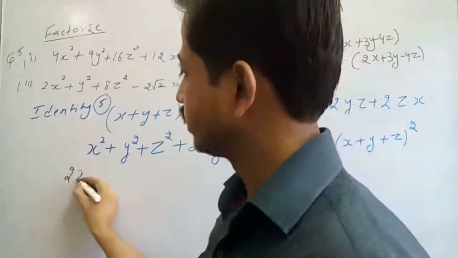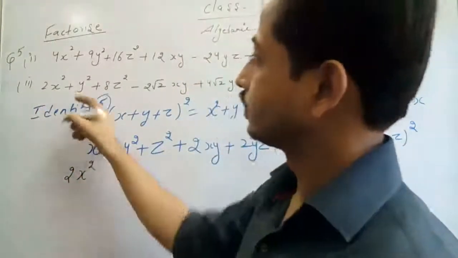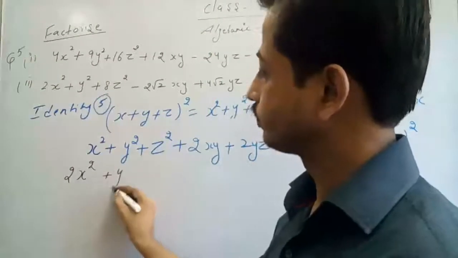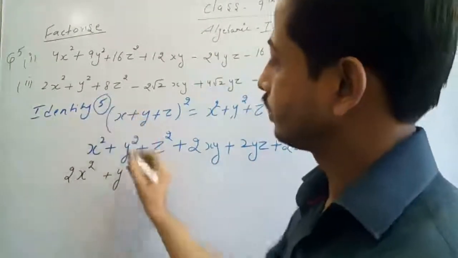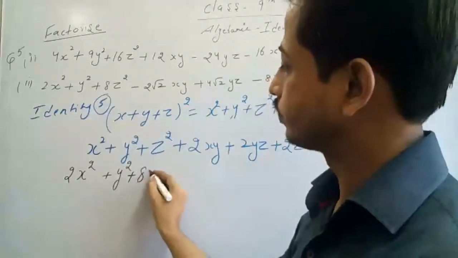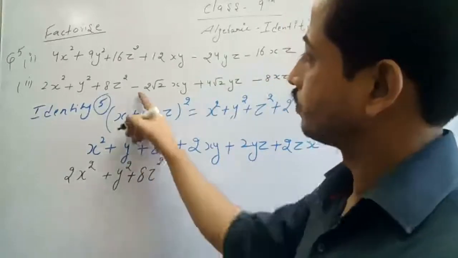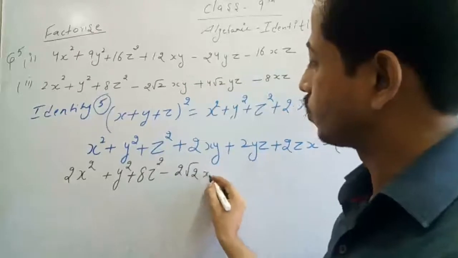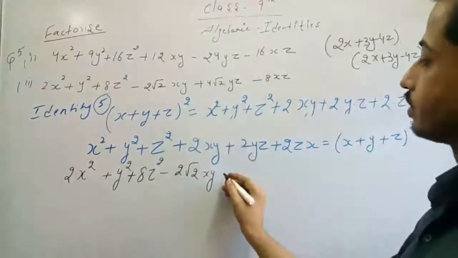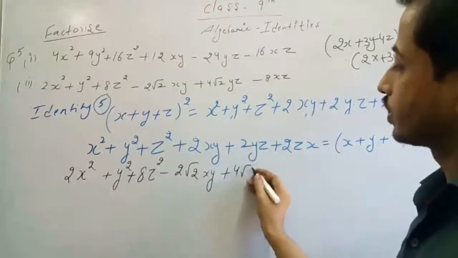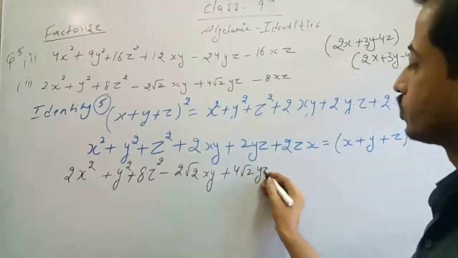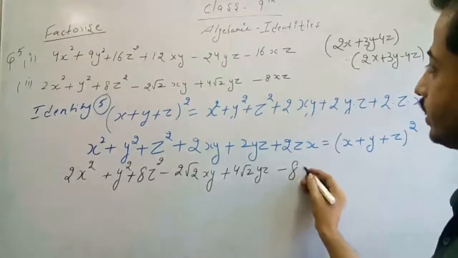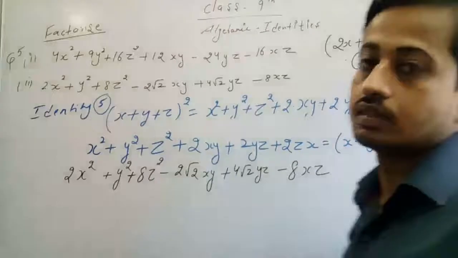So I am writing 2x square. And what is y square? Then 8z square, minus 2 square root 2 xy plus 4 square root 2 yz minus 8xz.